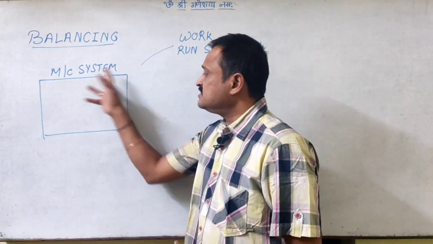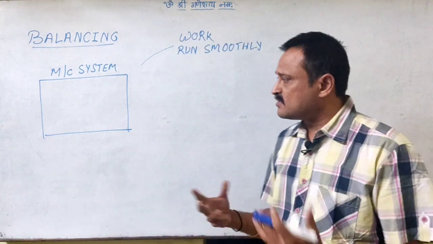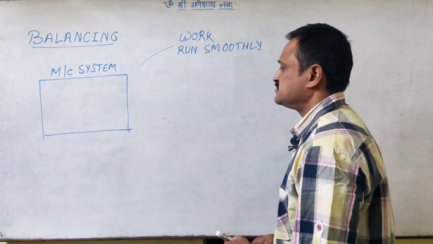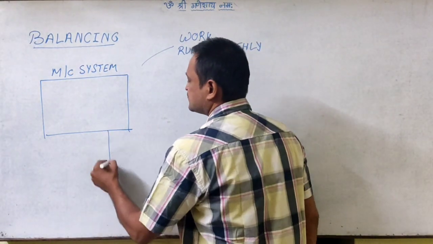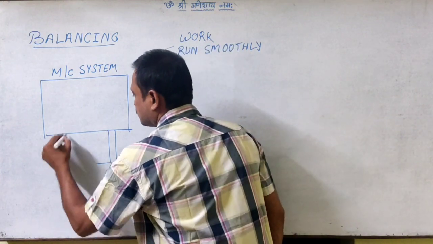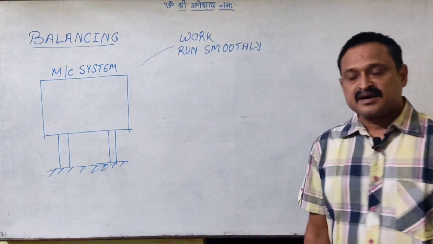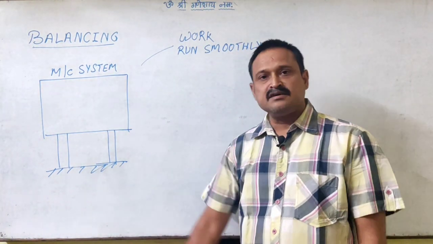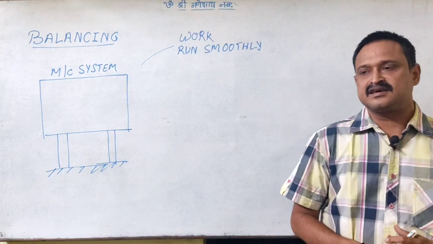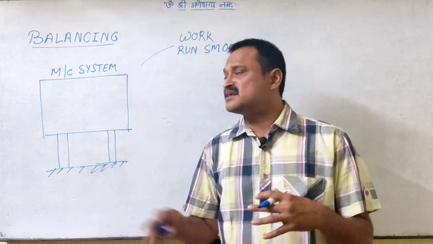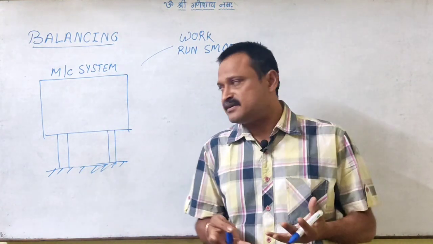Now, this assemblage, the machine or the mechanical system, we place it when we are installing it on the support. Right? Now, say this comprises so many components together, so they have their own mass, so it will have its own weight.